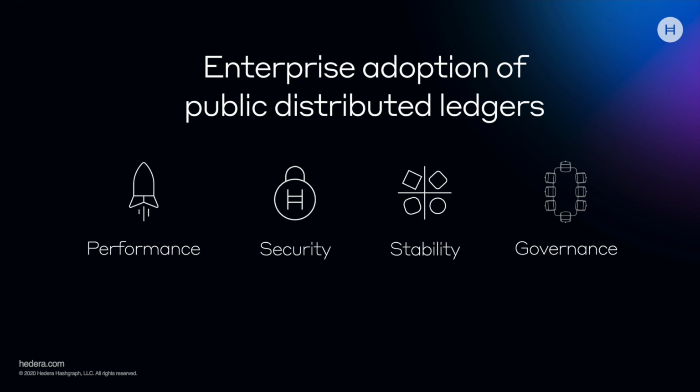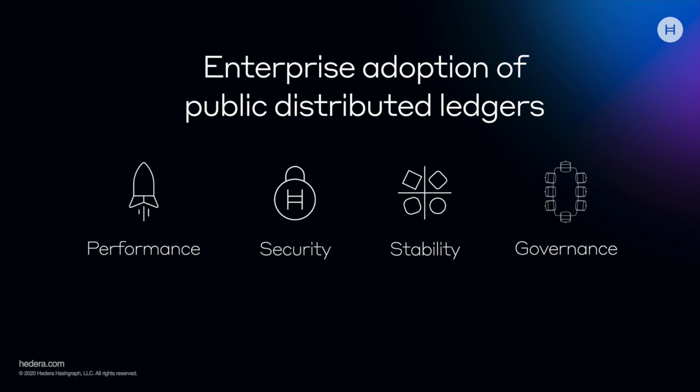Next, there's security. So you have to be able to trust the network is going to be DDoS and Sybil attack resistant. There's stability. The platform needs to be stable, and one of the big important things is preventing forks of the network. It's an incredibly important aspect of security because application developers don't necessarily want to have to split their application state and manage multiple currencies or applications running across forked networks.